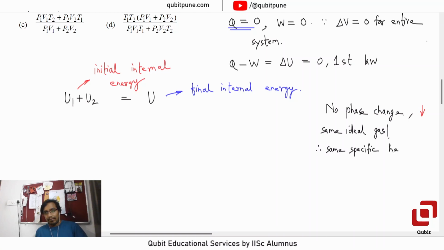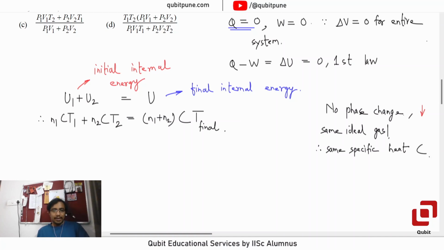So let us consider the number of moles as N1 for this. So N1 C T1, where C is the specific heat, plus N2 C T2 is equal to (N1 plus N2) C T, where T is the final temperature, or T final.